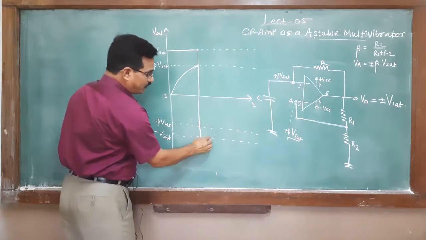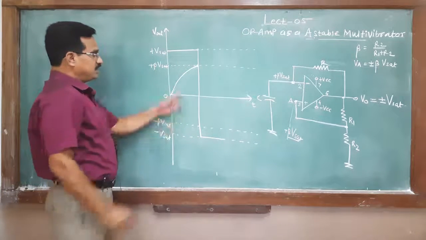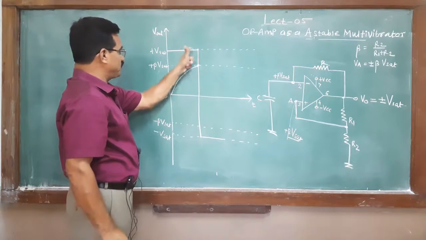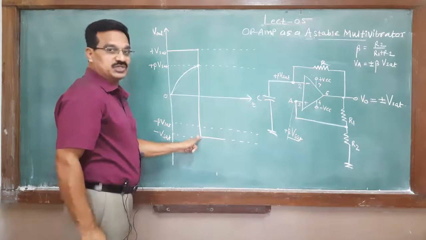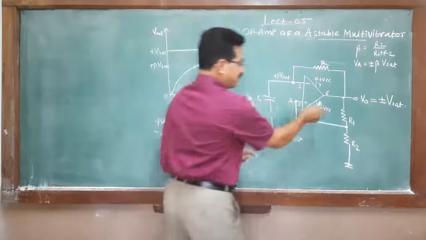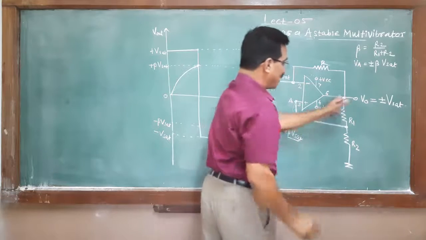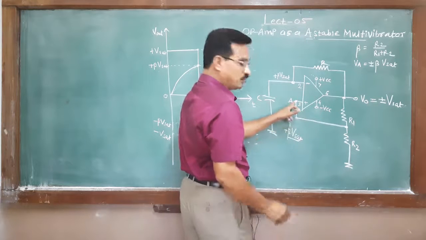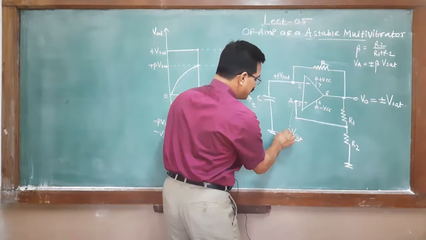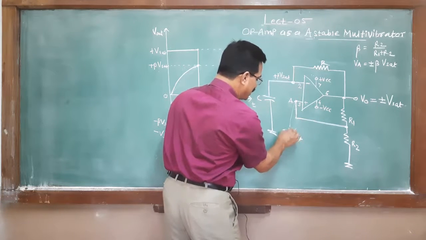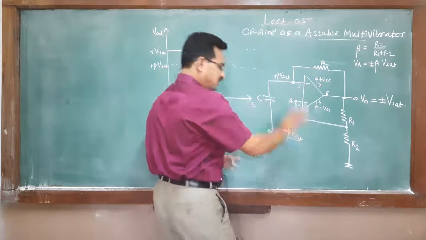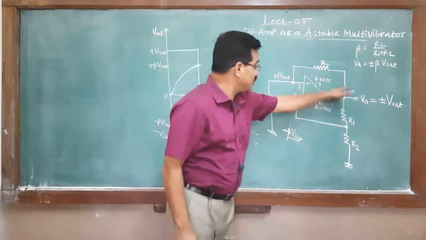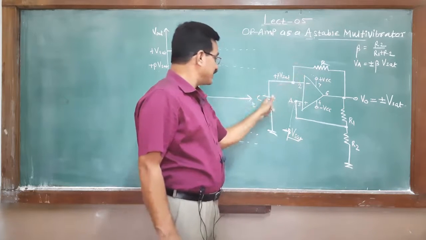Remember, at this stage the output changes from positive saturation to negative saturation. And when this output voltage is negative, at that time what will happen? What is the input here? Input here is minus beta into V saturation. And due to this negative voltage, what will happen?